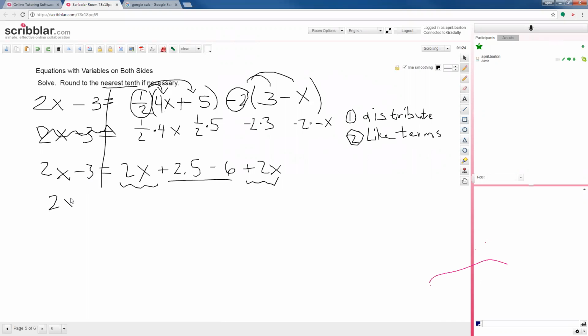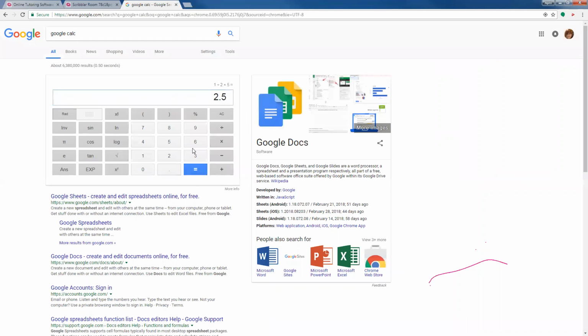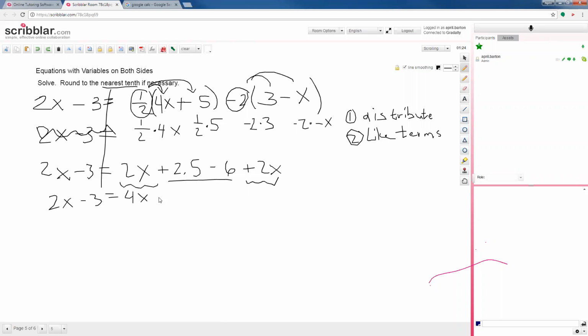So we combine these all together. 2x plus the 2x is the 4x, and 2.5 minus 6. Again, you may not know how to do that in your head. That's fine. Calculators are great. Okay, so 2.5 minus 6 is -3.5.